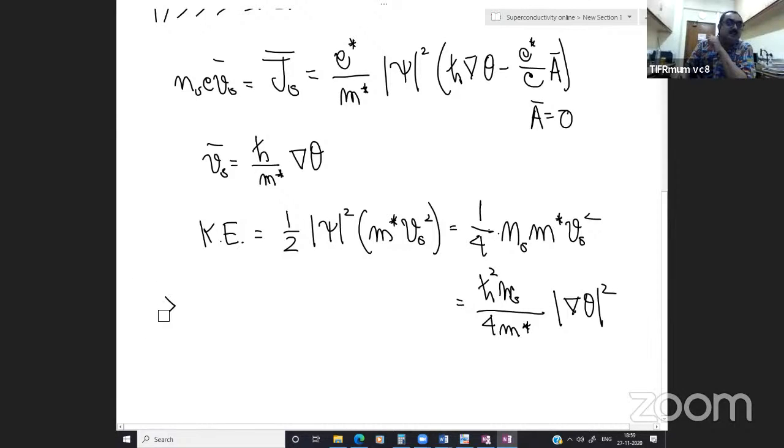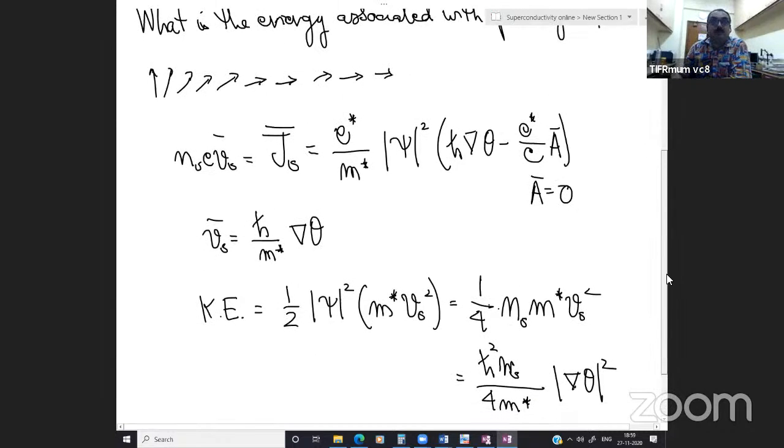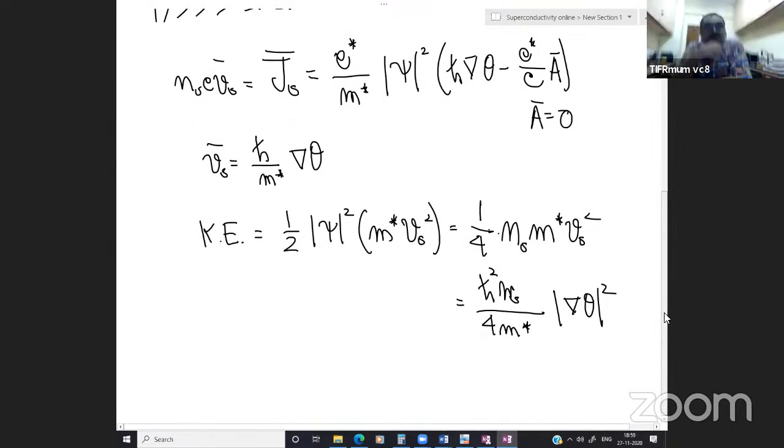See, when we are doing phase fluctuation, we will be doing it within Ginzburg-Landau. Doing it within BCS is not possible; that is something we have to do within Ginzburg-Landau. Doing this within BCS is still a research problem.